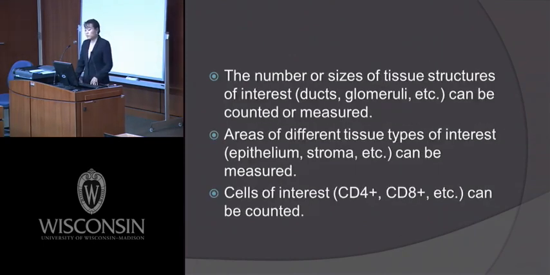The number or size of tissue structures of interest can be counted or measured. Area of different tissue types of interest can be measured. Cells of interest can be counted as well.